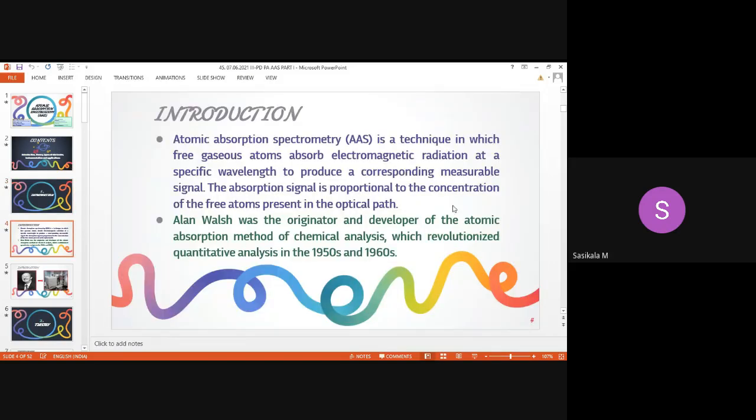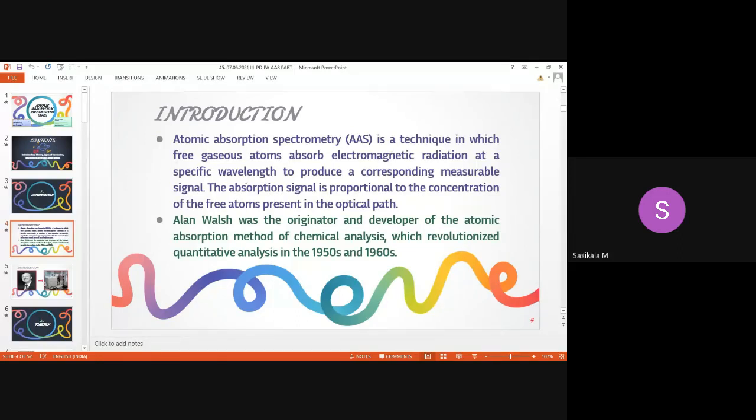What is atomic absorption spectroscopy generally? AAS is a technique in which free gaseous atoms, so atoms in gas form, free atoms, not in molecule form, will absorb electromagnetic radiation, that is UV visible radiation, at a specific wavelength.